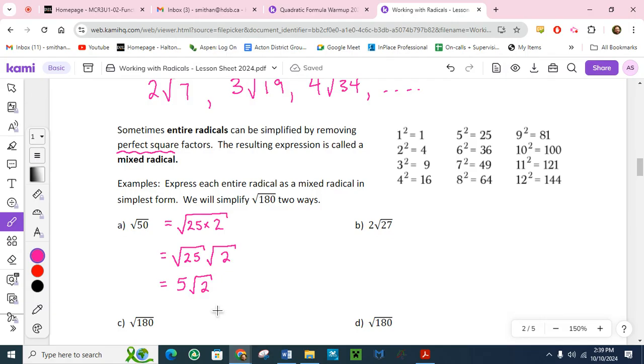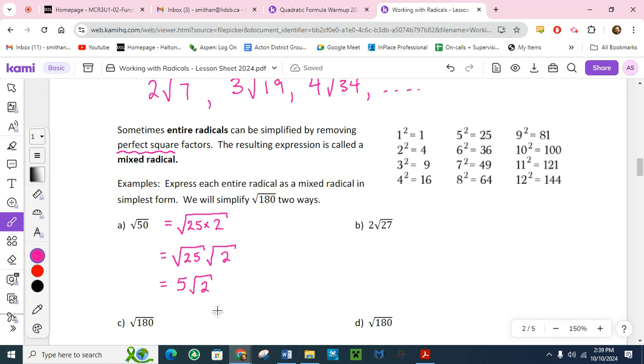Can you guys do 5 times the root of 2 on your calculators? So it's the same thing, right, guys? They are equivalent in every way, but this is simplified. The numbers are smaller, easier to work with, to our advantage.